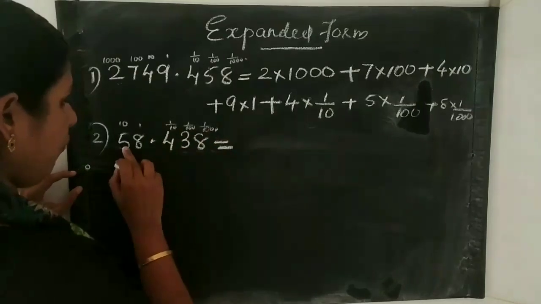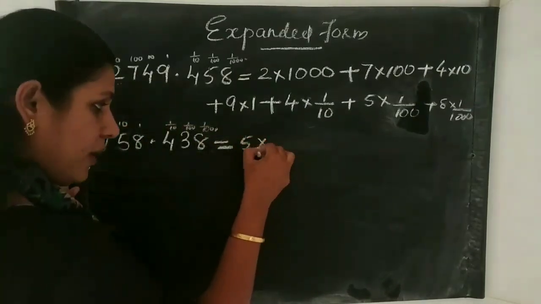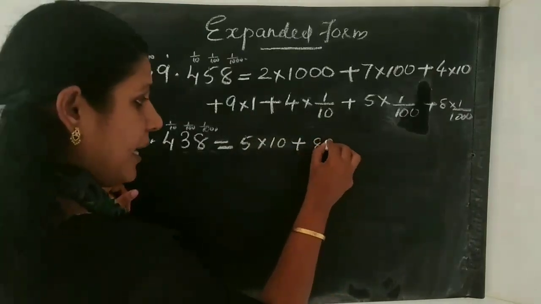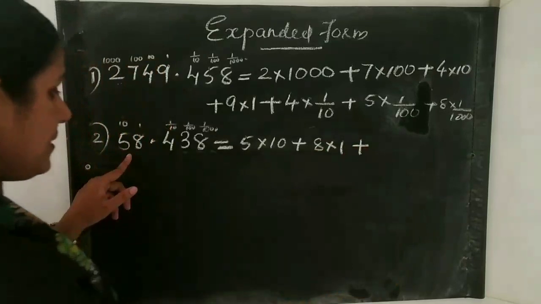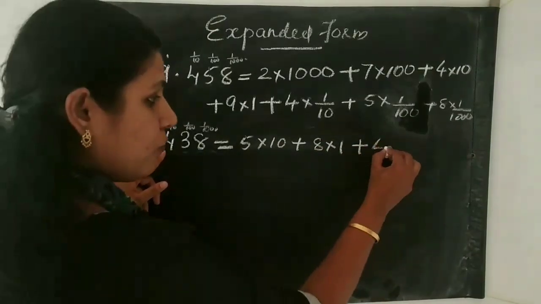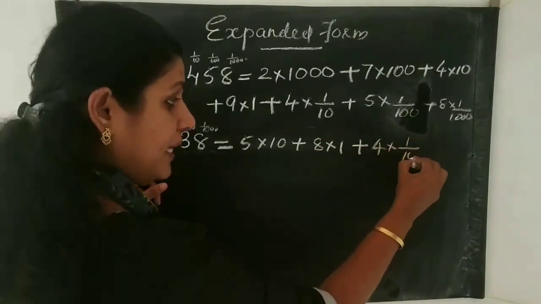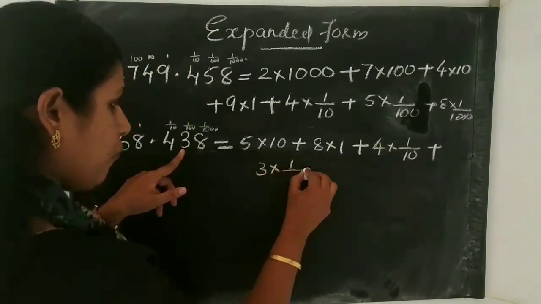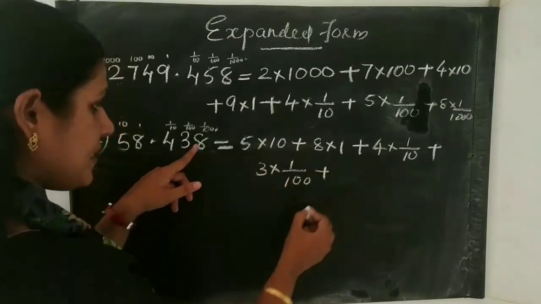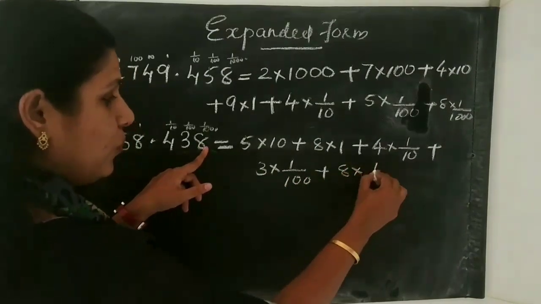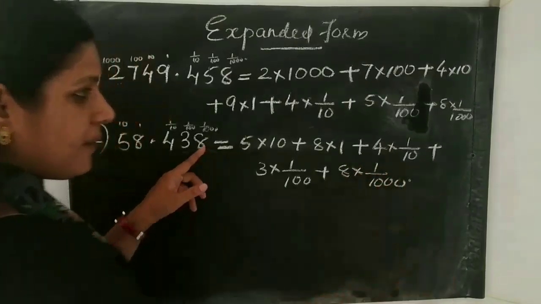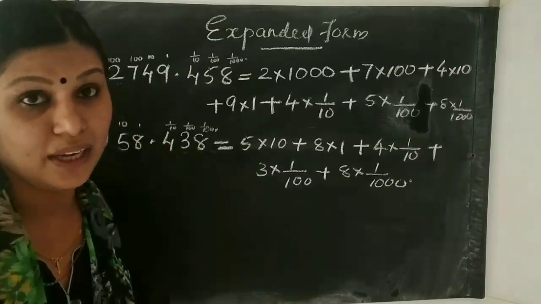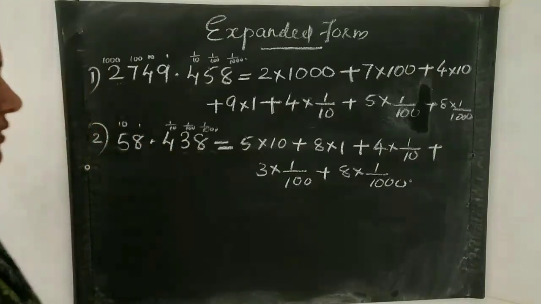So here 5 into 10 plus then 8 into 1 plus then 4 into 1 by 10 plus 3 into 1 by 100 plus then 8 into 1 by 1000. This is the expanded form of 58.438. Understood, children? How to write?